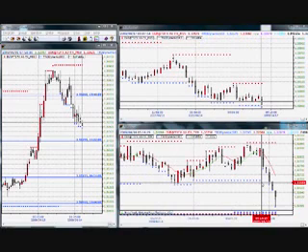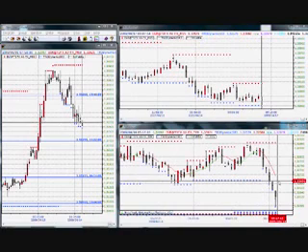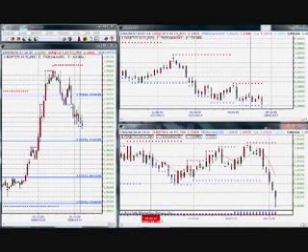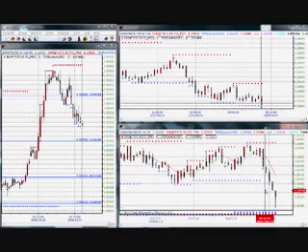You might have a couple of eager bears ready to get back on the train, and there's just not a whole lot of high probability to fade the setup at this point. So this is where having a good idea of the context of the market is going to help you out in terms of whether to fade or play the break.